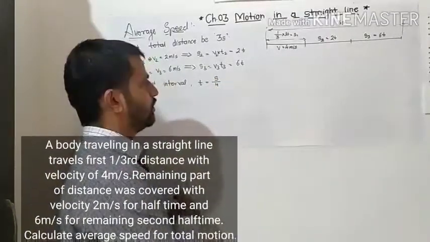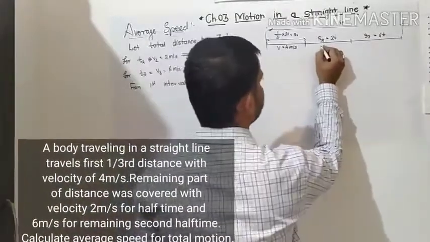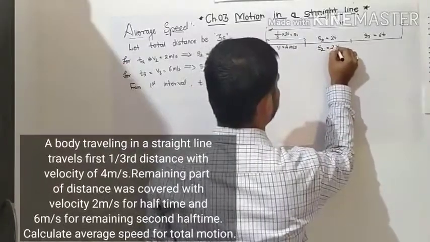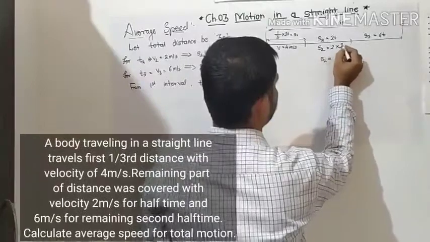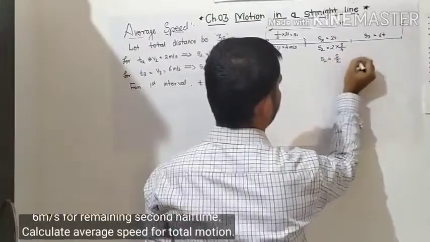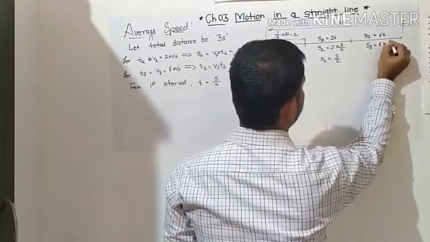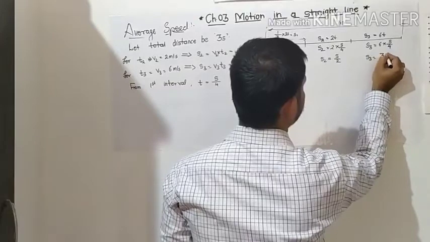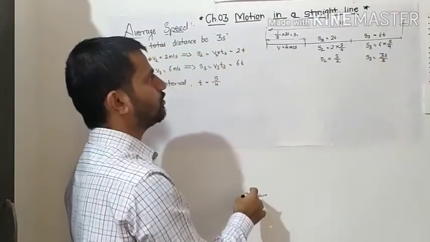Okay, if we put t equal to s upon 4 in this equation, we will get S2 equal to 2 into s upon 4, so S2 is equal to s upon 2, and S3 is equal to 6 into s upon 4, so S3 is equal to thrice s upon 2.